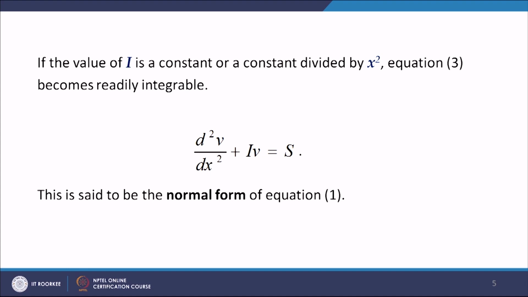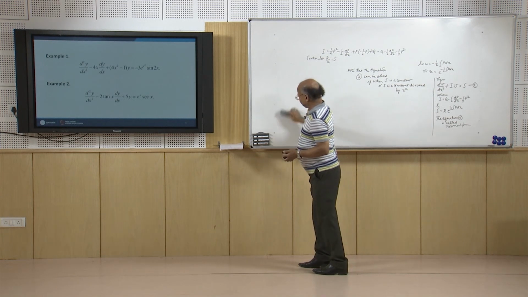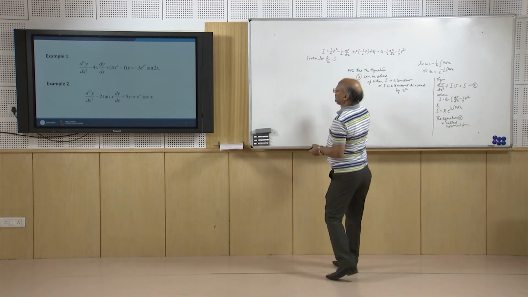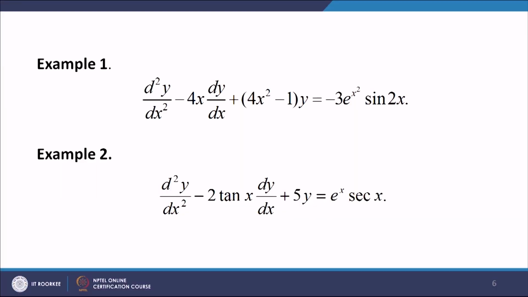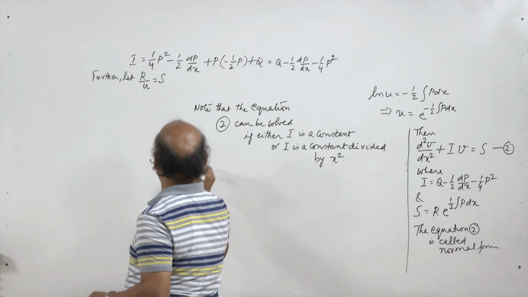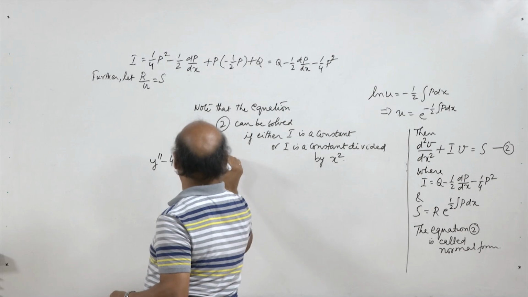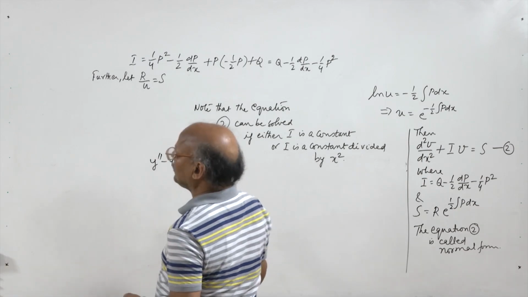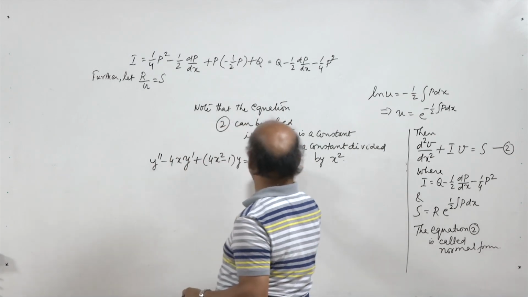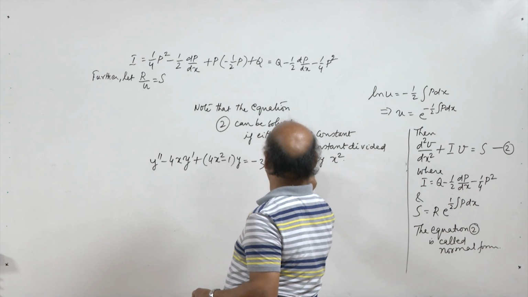Now, let us take an example and see how we will use this method. Let us say we have y double dash minus 4x y dash plus 4x square minus 1 into y equal to minus 3 e to the power x square sin 2x.